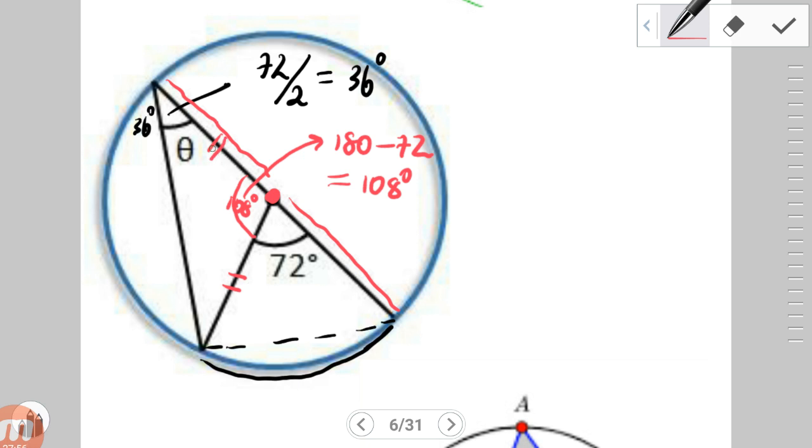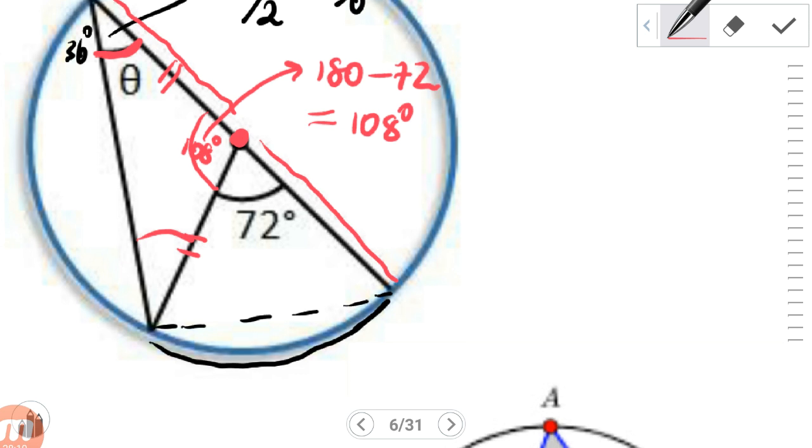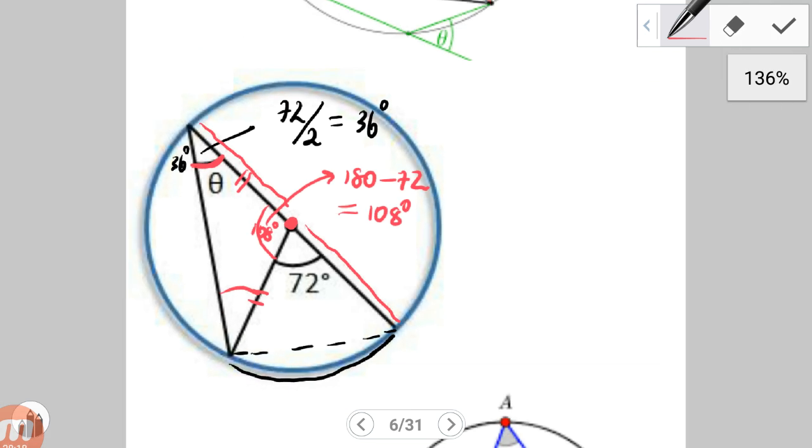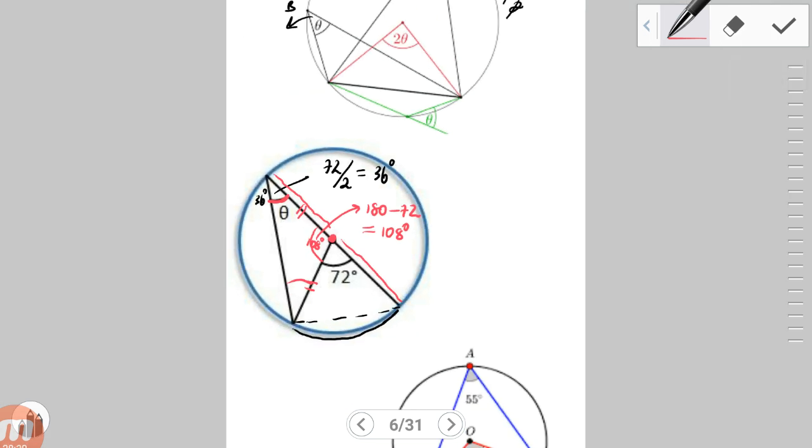Those two radii are equal, which therefore forms, according to theorem number 1, an isosceles triangle where the base angles are also equal. We are in fact looking for the angle theta, and this is method number 2. We're not necessarily looking for this angle, but if we find this one, then we could safely say that those two angles are equal because it's an isosceles triangle.